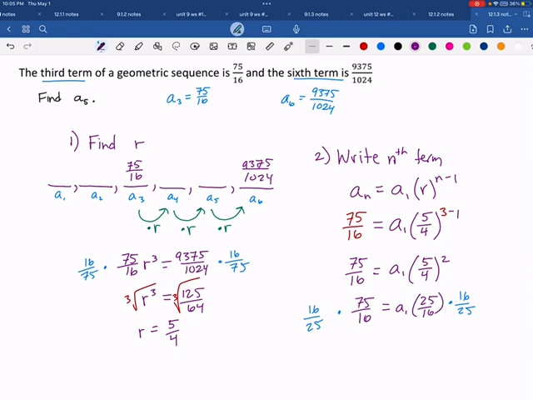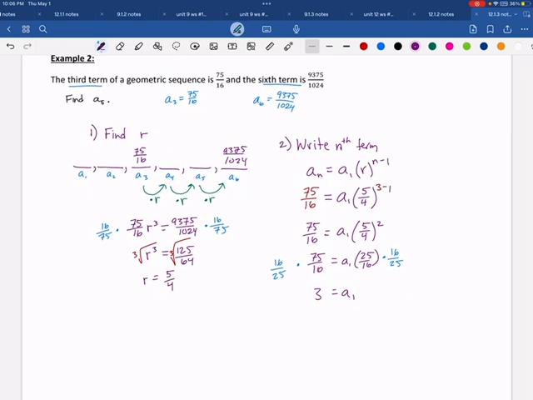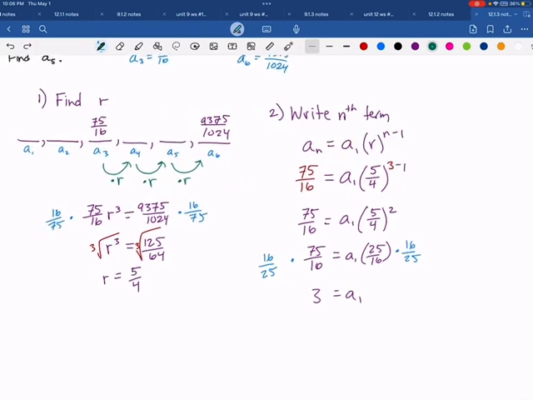And here, I don't know if you see this, but my 16s are going to cancel, and my 25 and my 75 will divide to leave 3. So I've got my a1 now. Now, again, this is maybe unnecessary work. Could I have gotten this faster by just dividing by 5 over 4, dividing by 5 over 4 again? Yes. I'm just trying to give it an algebraic process. And so now I have my a1.